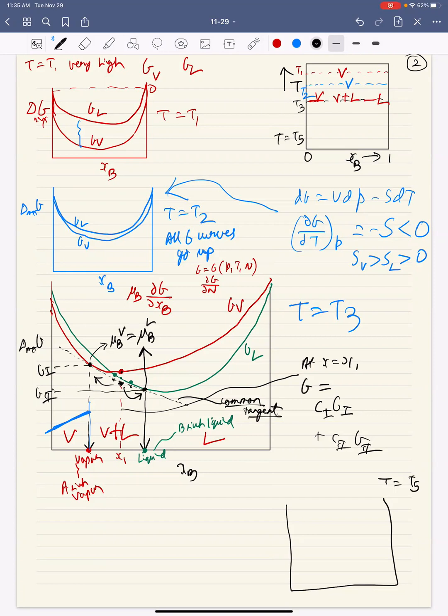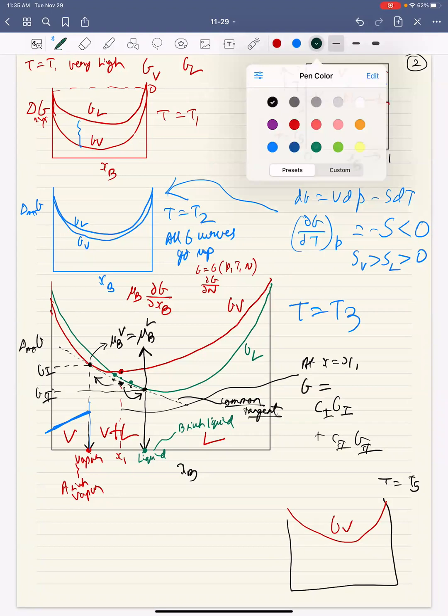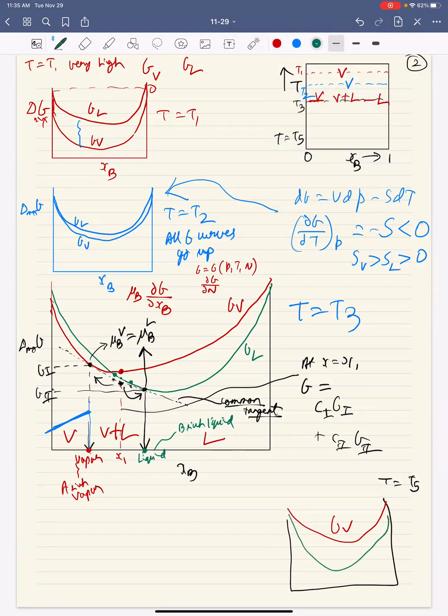So at extremely low temperatures, we are going to have G vapor that is like this, and G liquid that is like this, okay? Of course, if we go even lower, then we should have solid in our phase diagram, but you get the idea here. So at T equal to T5, we are again going to have all liquid, okay?